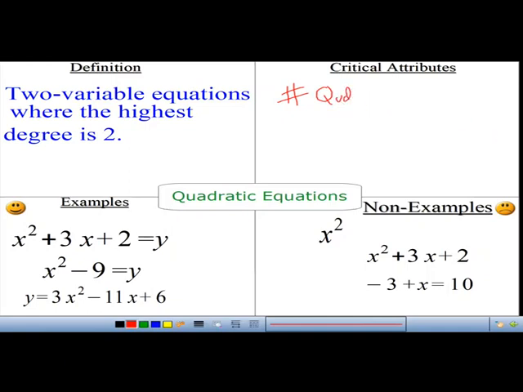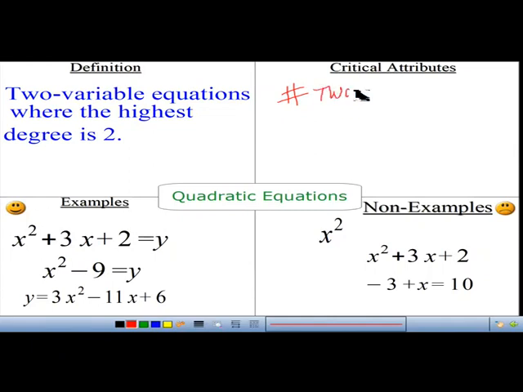Okay, let's leave that on the side because we know that they are quadratic equations, but what would be something that makes them quadratic equations? Two variables.